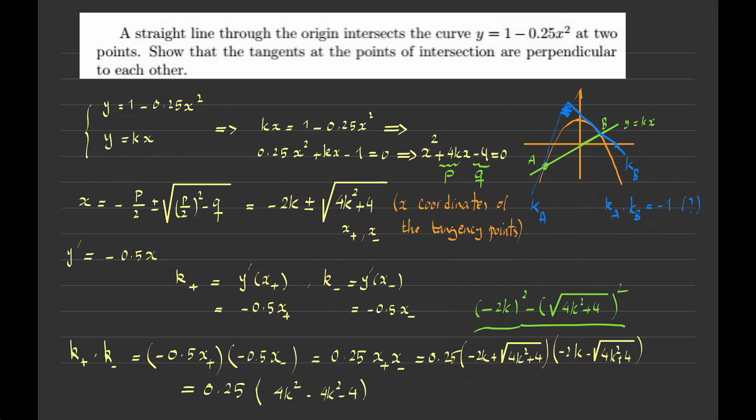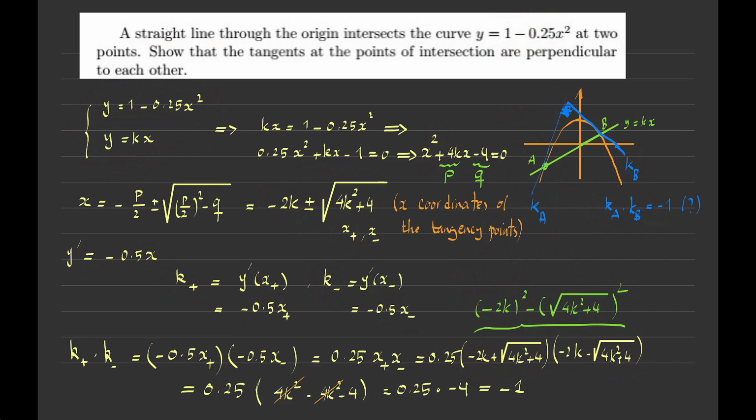And now the interesting thing you see, even though I didn't know k, this shows that I don't need to know k, because whatever k is, it is cancelled. And what is left for you is 0.25 multiplied by minus 4. But what is 0.25 times minus 4? It's just minus 1.